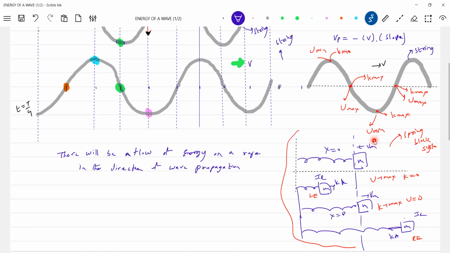There's one point. Then the wave energy.